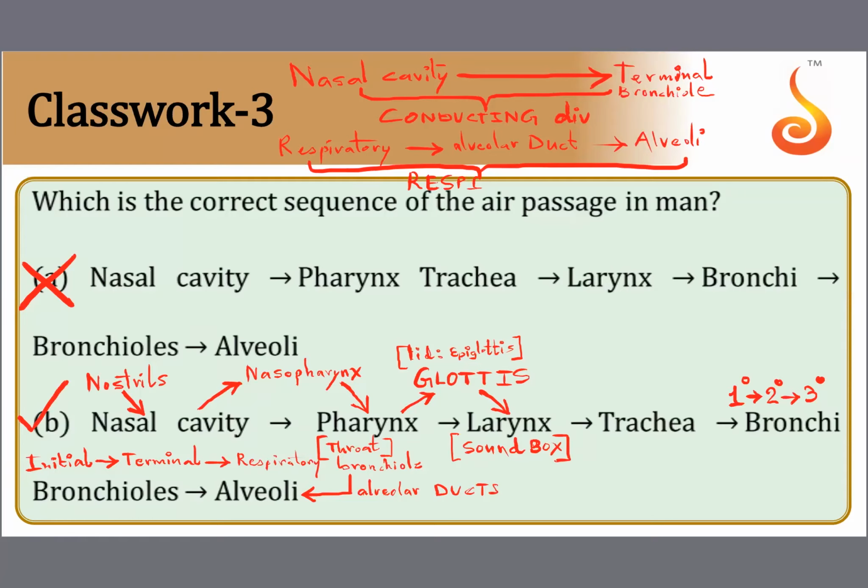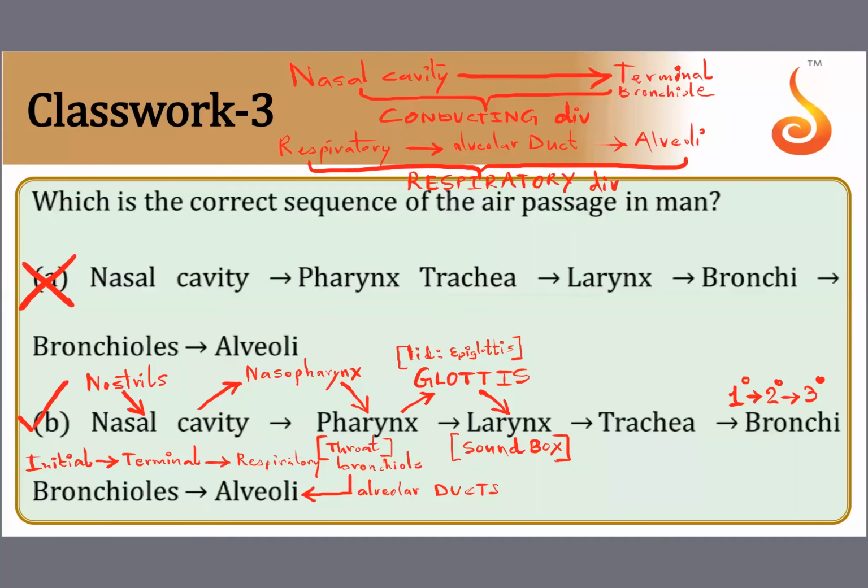So anatomically, we can divide your respiratory passageways. Together all this is called the bronchial tree because it branches like the branches of a tree. It has a branching pattern like that of a tree branch, and therefore it is called the bronchial tree. Starting from the nasal cavity onwards to the terminal bronchiole, it's called the conducting division because there is absolutely no exchange of gas.